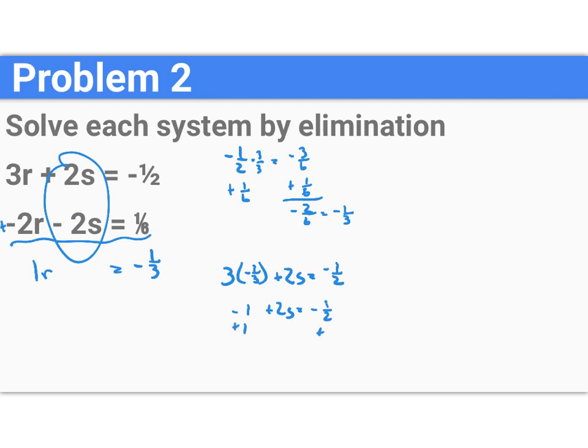Add 1, 2s equals 1/2. Divide by 2, and then s will equal 1/4. And if I went a little too fast, please go back and do it slowly.